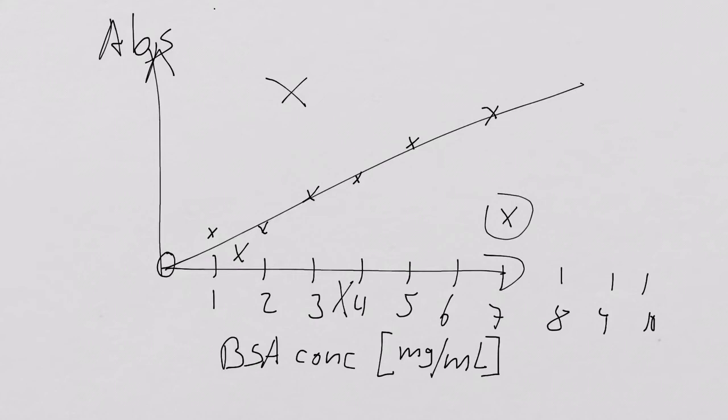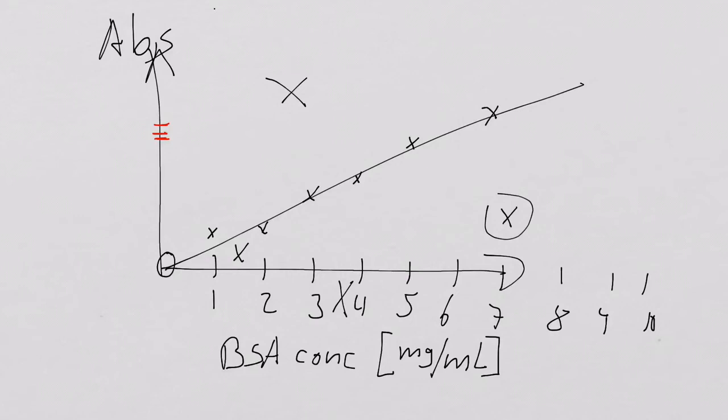Now you measure also your unknown samples, and don't forget you have 3 unknown samples. So you would get probably three different readings. This is what I would expect.